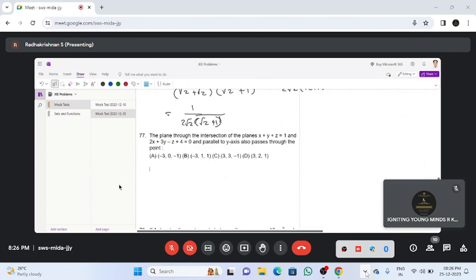The equation of that plane is given by this. It's a simple equation. I'm just writing it as the required plane. Equal to x plus y plus z minus 1 equal to 0, plus lambda into the other one.